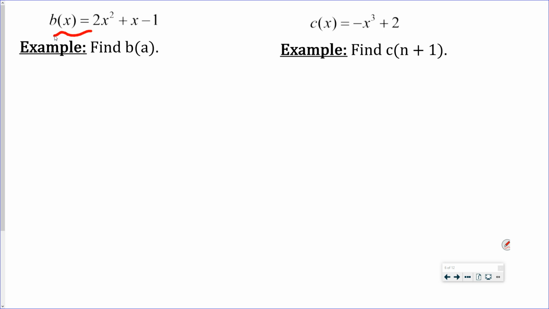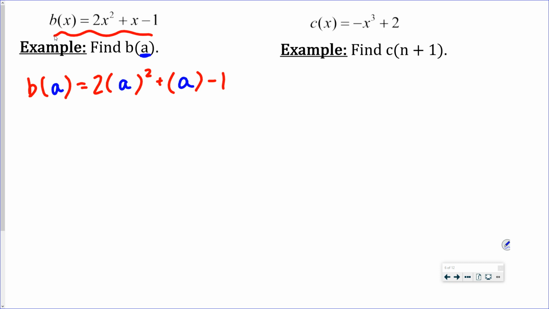I'm going to use my b of x function. And here I have a letter instead of a number, but I'm going to do the same thing. I'm just going to plug that in for all the x's. So this is what I like to do. I like to set up a little template for myself by taking out all the x's and replacing them with parentheses. And then whatever is inside of here, you're just plugging in for x.